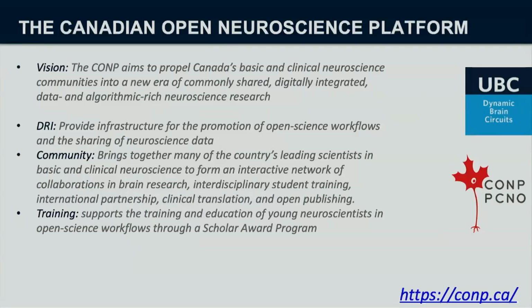And they are pushing this forward in a number of ways, including providing digital research infrastructure to promote the sharing of data and our open workflows. They're trying to build community by bringing scientists across the country together to think about this and work on this together. And they're supporting training of individuals, graduate students and postdocs through their Scholar Award program. And we're going to hear from 7 UBC awardees today.